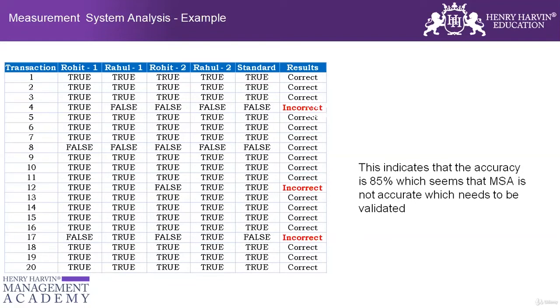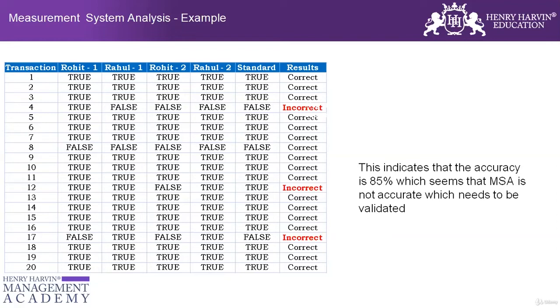Right now, this will become a very manual sort of activity. If I ask you to analyze, out of Rohit and Rahul, which of these operators is not matching with their own readings, which they have given the first time, it would become very difficult for you. And tomorrow, if you have a big data set, then it becomes very, very difficult to do it manually.